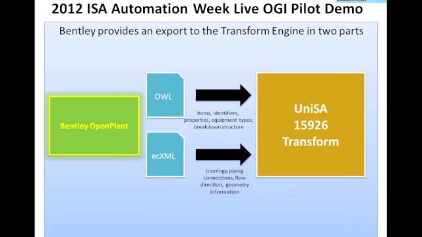In the OWL file, you have information about the items, the identifiers, the properties, the equipment types, and the breakdown structure. And in the ECXML message, there's information about the topology, the piping connections, flow direction, and the geometry information. And this information is passed on to the UniSA 15926 transform engine.